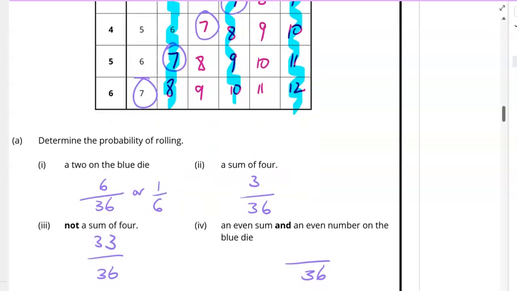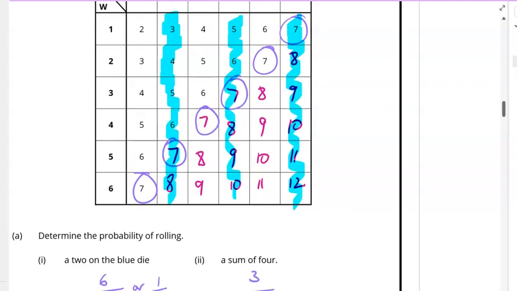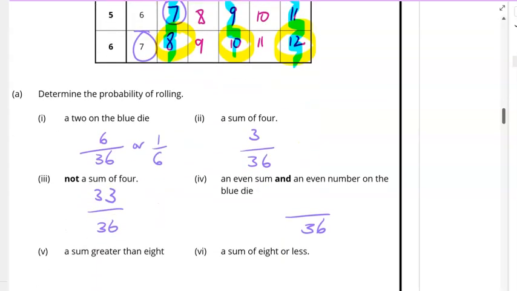But we also want an even sum. So out of all of those, which ones are even? 1, 2, 3, 4, 5, 6. Whoops, forgot the ones in the middle. 7, 8, 9. So 9 have an even blue number, and a total sum that's even.